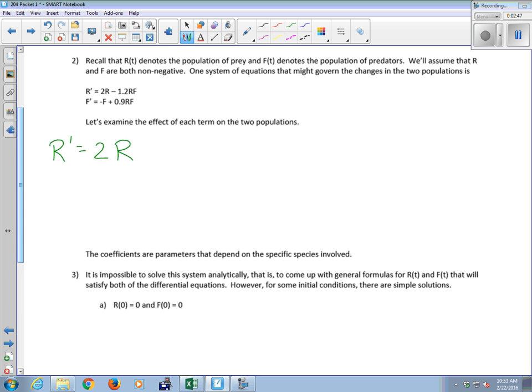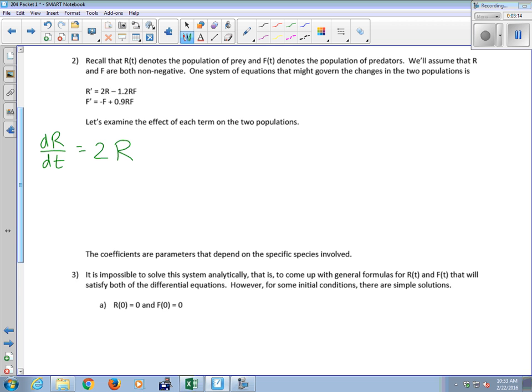So what's the solution to that equation? We would have to solve by separation of variables. It might be clearer if I write this as dR dt. You can also write it as R dot, where R with a dot over it means dR dt, a derivative with respect to time.